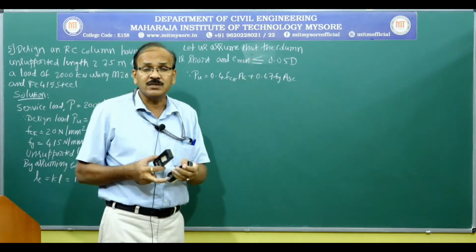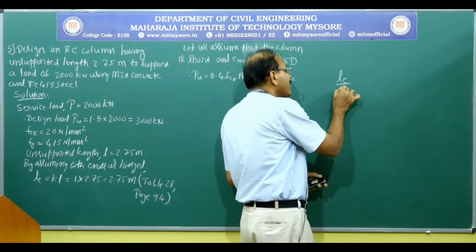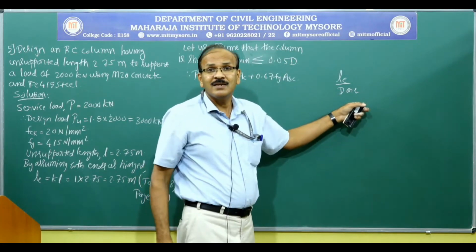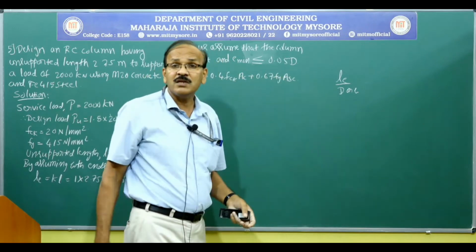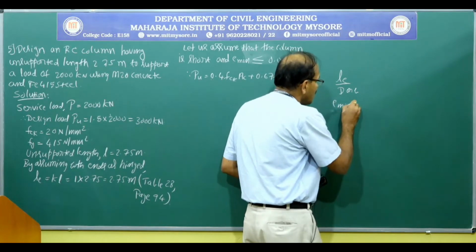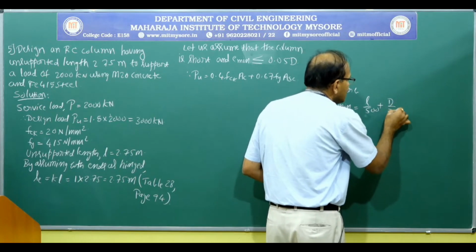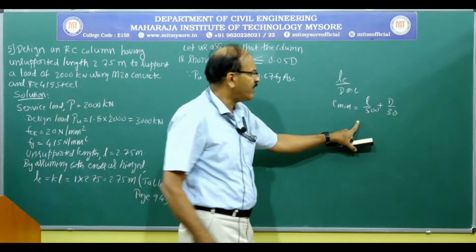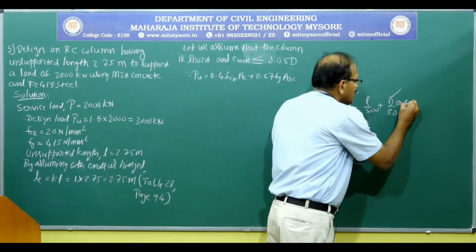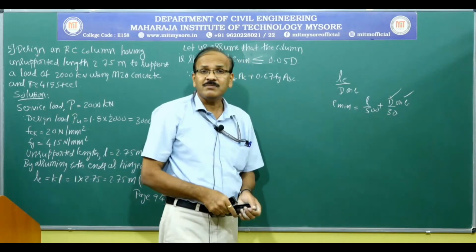If you want to check whether the column is long or short, I need LE divided by D. So I don't know that, so I cannot check whether the column is long or short. Similarly, to find out E minimum, I need L by 500 plus D by 30 as per 25.4 on page 42. Here I don't know D, so I cannot find out what is E minimum.